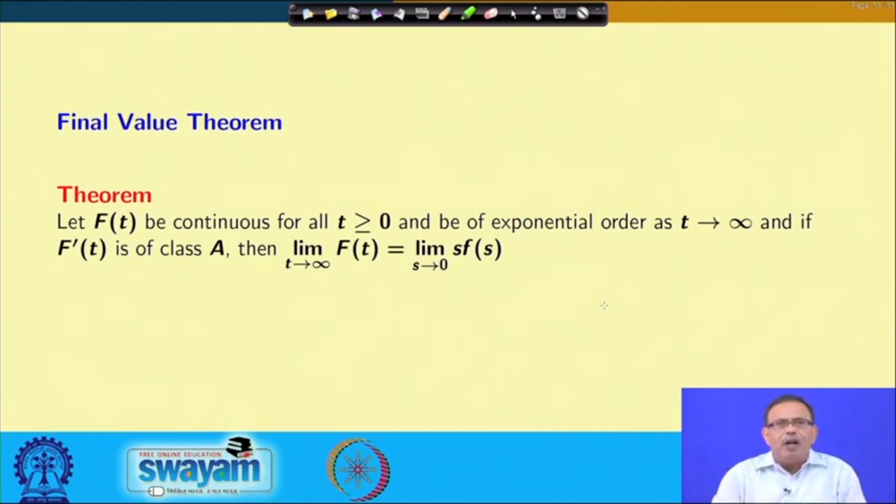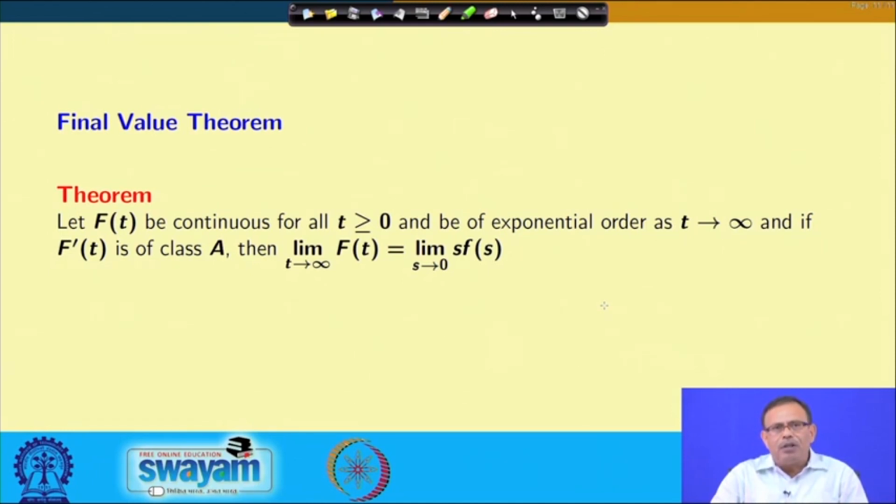Now, the final value theorem, this is just the opposite one. In the earlier case, you have seen t is approaching 0, s is approaching infinity. Here the opposite thing comes. So, again let f(t) be a continuous function for all t greater than 0 and be of exponential order as t approaches infinity.